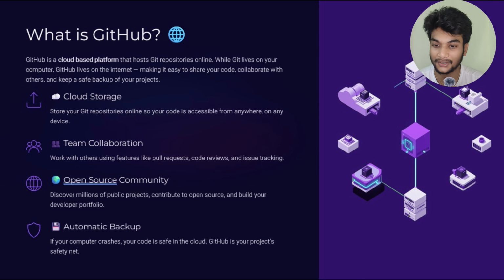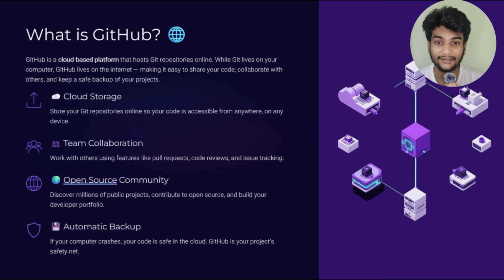It has cloud storage, so we can push our code from local to online. And team collaboration, as we discussed before, across multiple programmers. And the open source community, one of the best advantages, which we can use freely, and we can post our code there too. And automatic backup: for example, if our system crashes, our work is safe.